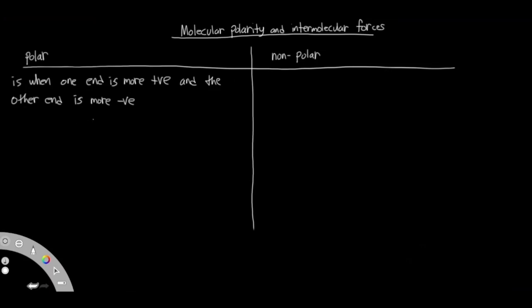So this one over here is going to be the more positive end, and this end over here is going to be the more negative end. Because we have these partial charges in play, where one end is more positive and one end is slightly more negative, we deem this as an electrical pole.